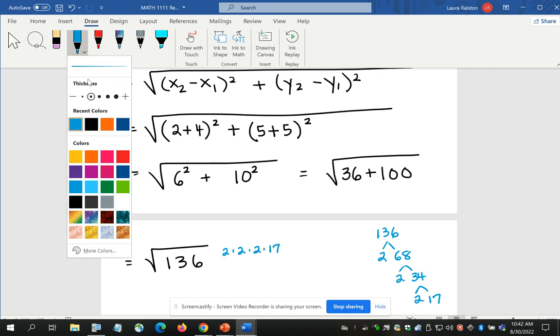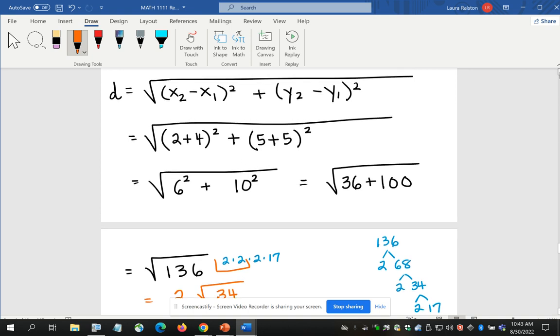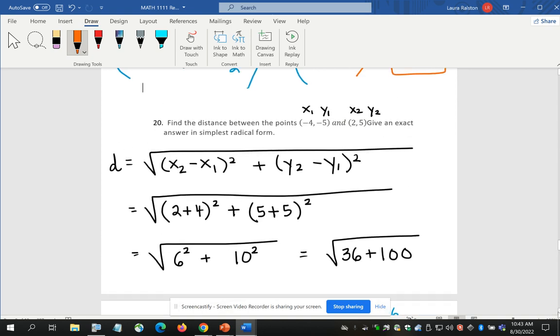Notice that I do have there a pair of 2's. So that's going to simplify so that I have 2 square root of 2 times 17. So the most appropriate answer is 2 on the square root of 34.